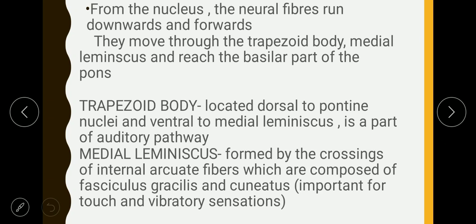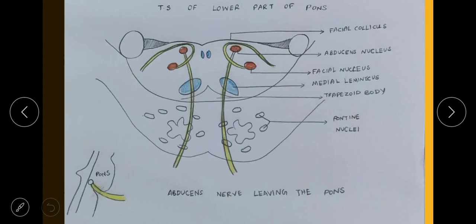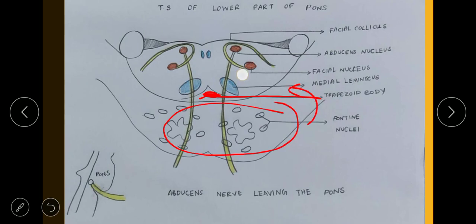So let us see more about the trapezoid body and medial lemniscus. So in this picture, we can see the trapezoid body located here. The trapezoid body is seen dorsal to the pontine nuclei and ventral to the medial lemniscus. It is an important part of the auditory pathway.